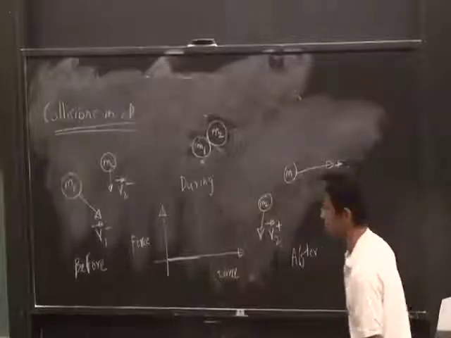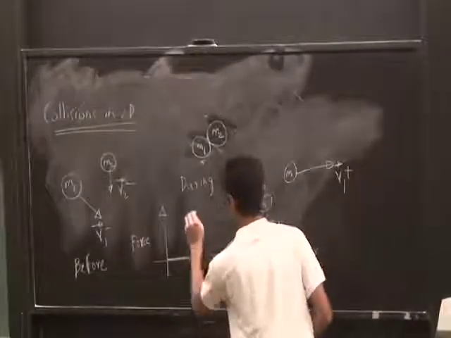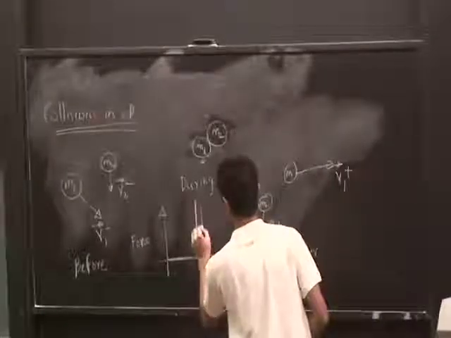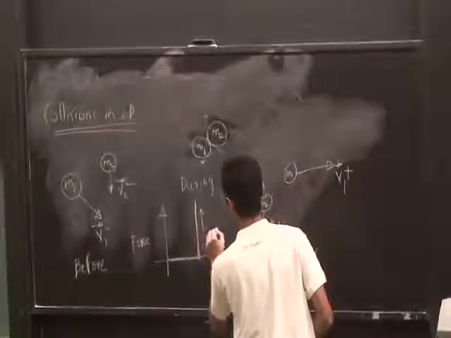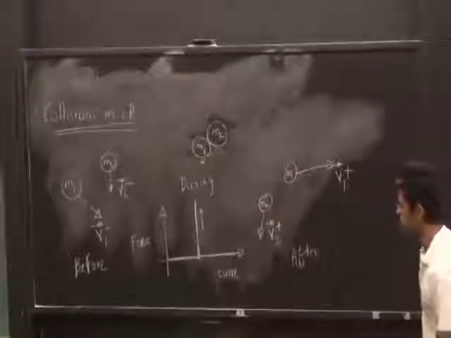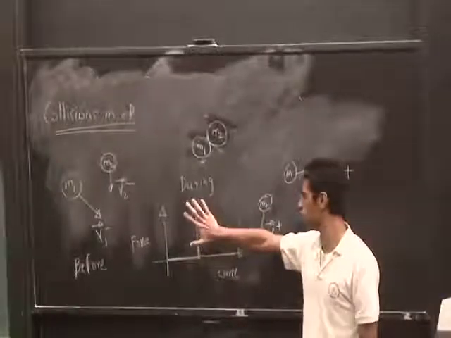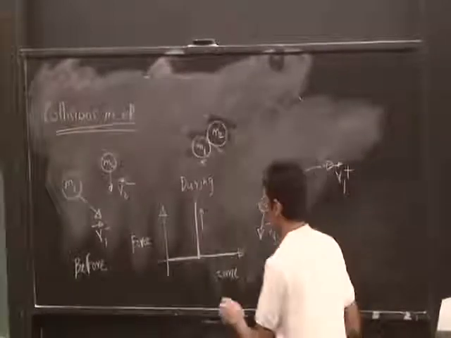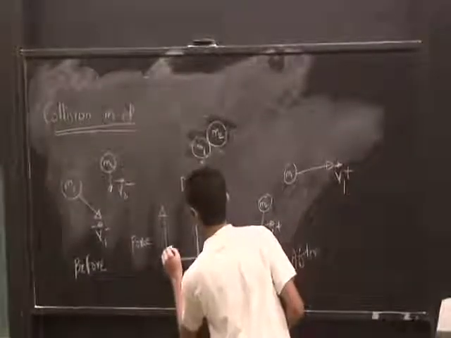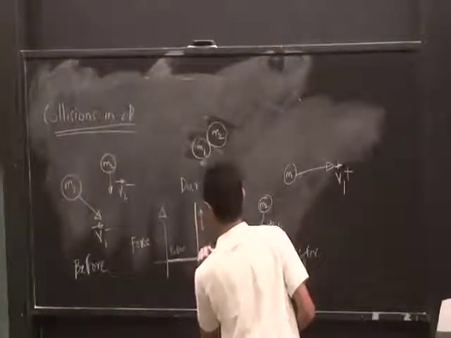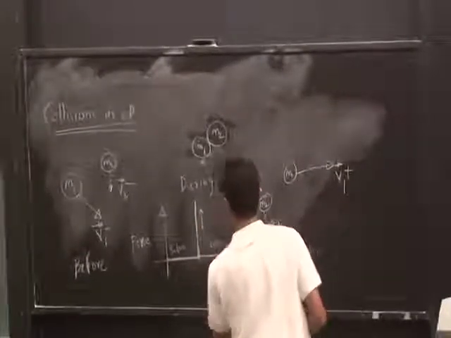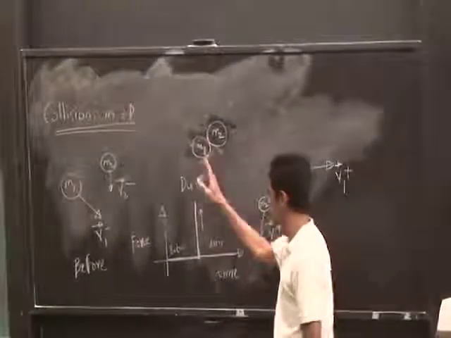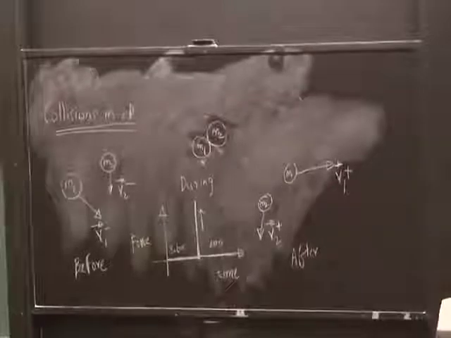Then during collision, what happens is the force is a big spike, and then it is 0 again. So there'll be a huge, rather large force acting between the masses during collision, and so that's before and that's after. So even though the force is sort of infinite, this goes to infinity, the impulse is finite.